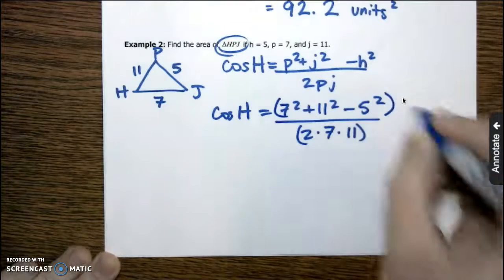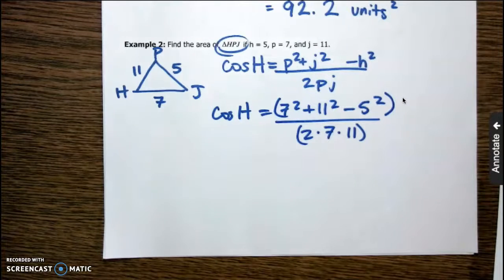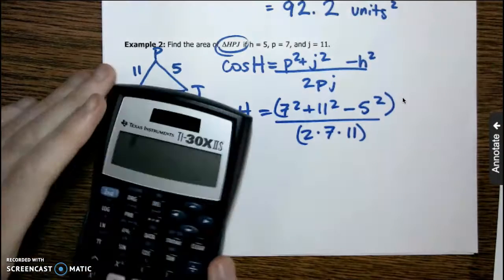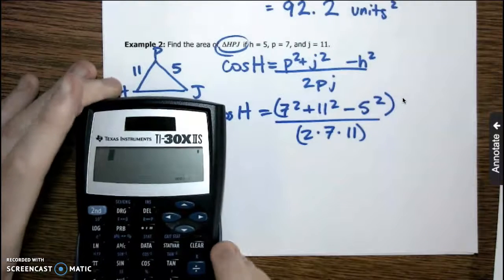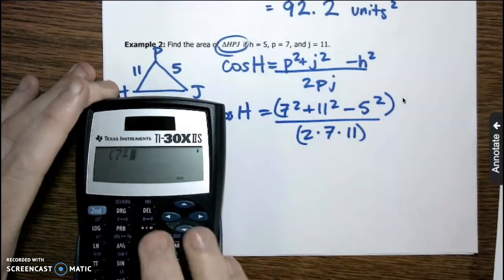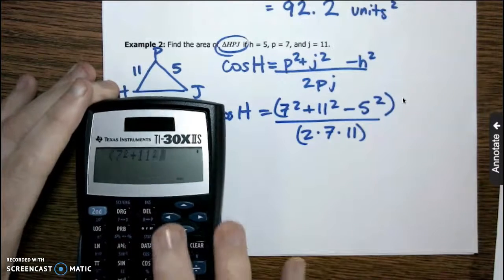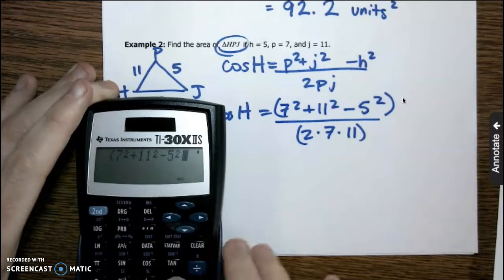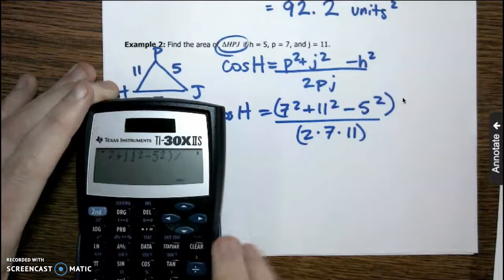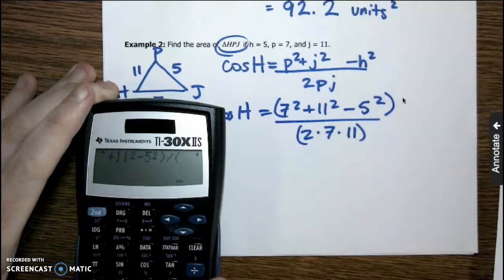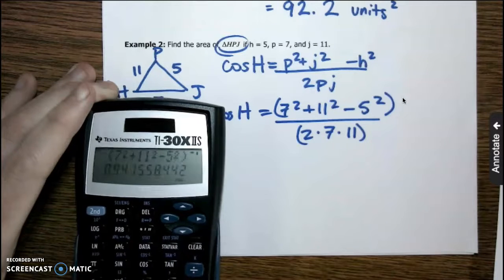And you're going to put parentheses around the numerator, parentheses around the denominator, and let's type that in. Close your parentheses, hit divide. Open up a new set of parentheses, 2 times 7 times 11. Close your parentheses, hit equals.